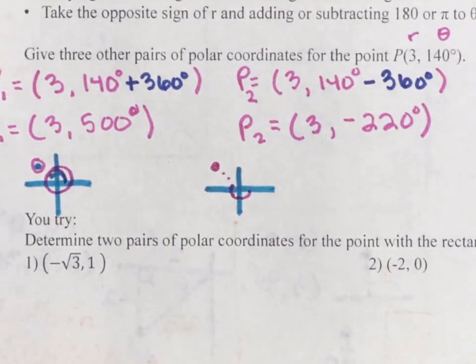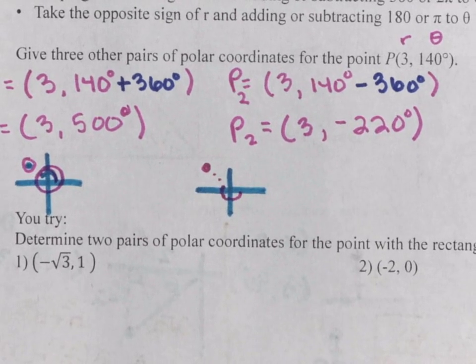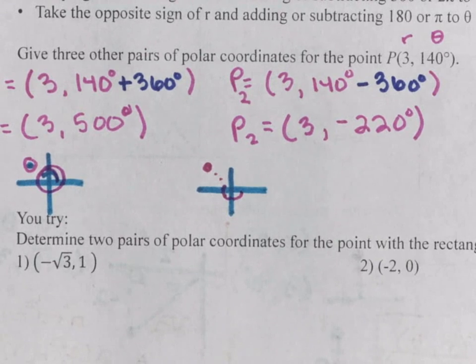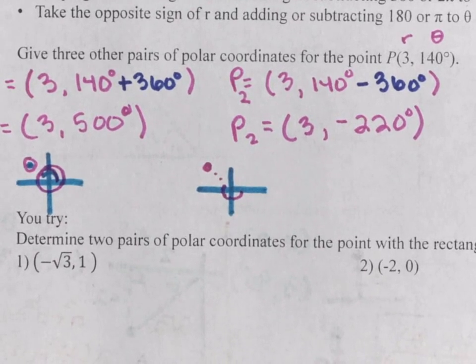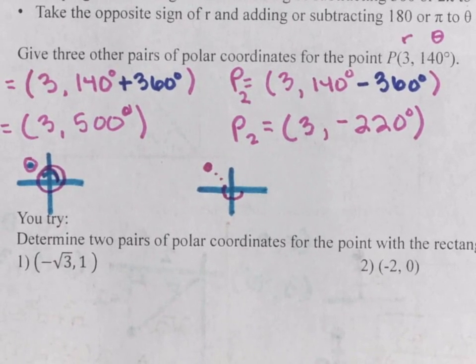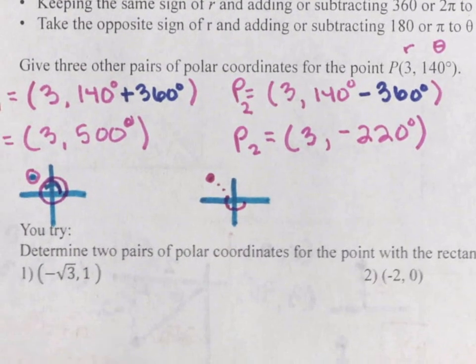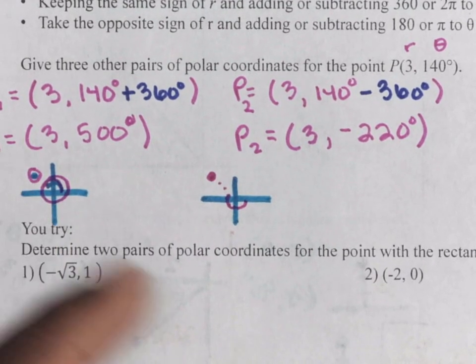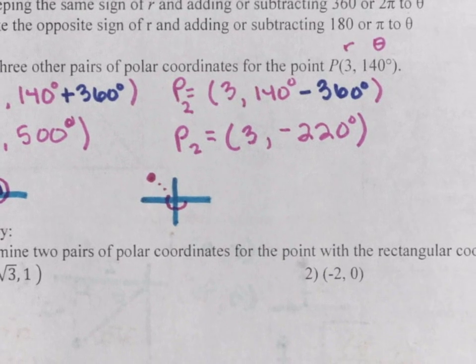Sorry, it is 40 more, not 30. My bad, Drew. Same location, other than my human graphing. It just might not look the same. Same location. Does that make sense?